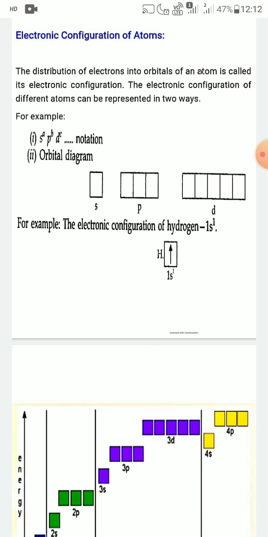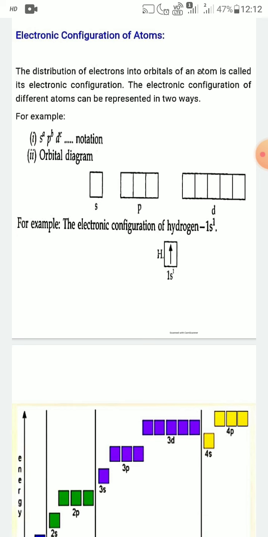Then, to write the electronic configuration of an atom, you have to know 3 defined principles, or 3 defined rules. One is the Aufbau principle, another is Hund's rule, and the third is the Pauli exclusion principle. I have told about these principles in the previous videos.